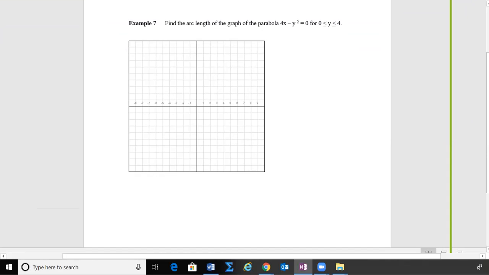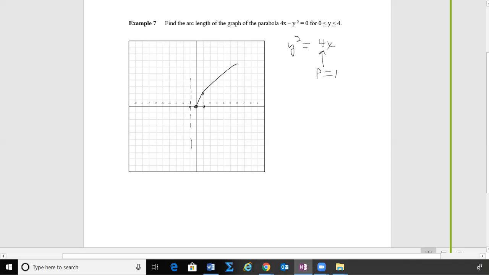This is y squared equals 4x. So you can see p must be a 1. It's going to open to the right. Vertex is at the origin. 1 unit over is the focus. 1 unit over this way is going to be your directrix. And it's a 4, so it comes up 2 units that way.